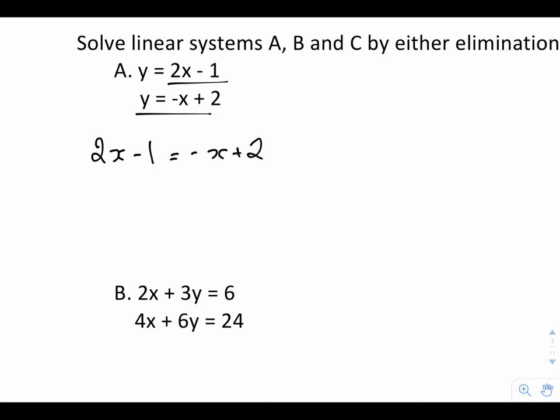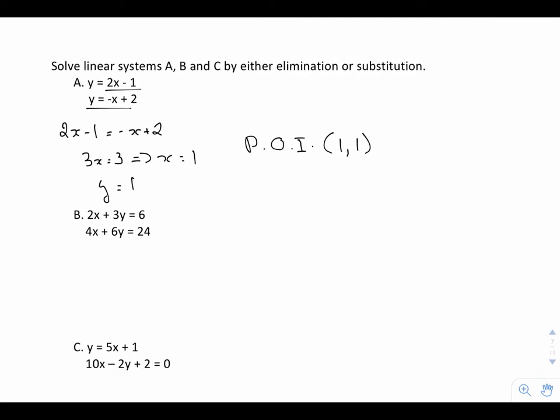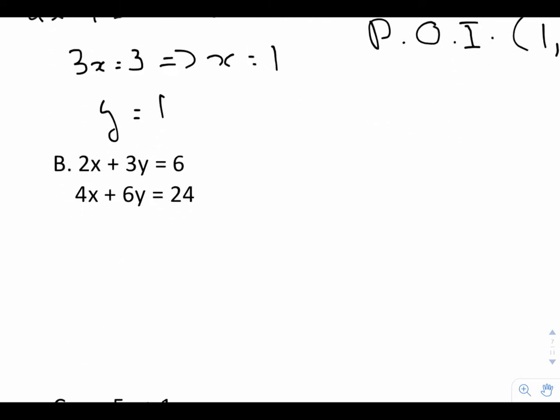And if I solve for this, I end up with 3x equals 3, which means that x equals 1. And the y value is going to be, I'll do it quickly, 1 as well. So the point of intersection in this case is (1, 1), which confirms what we did in the graph in the previous example. Now let's look at where it starts to get interesting.